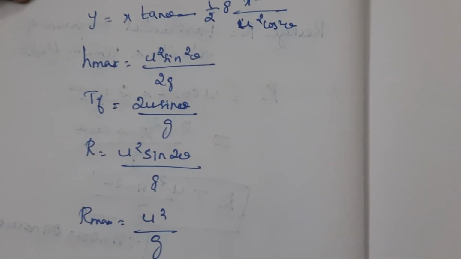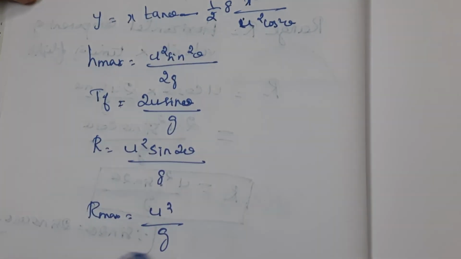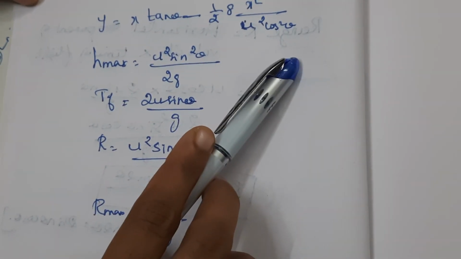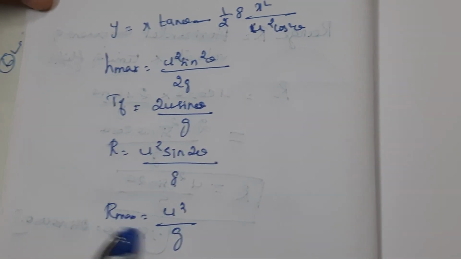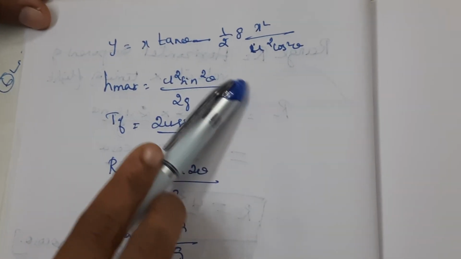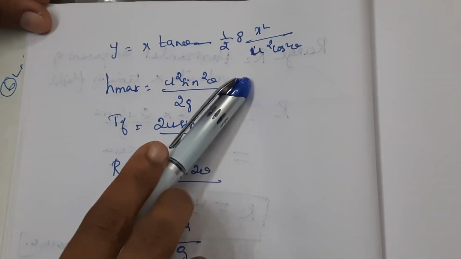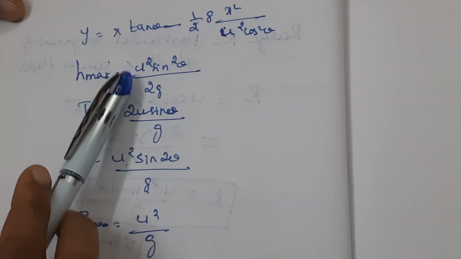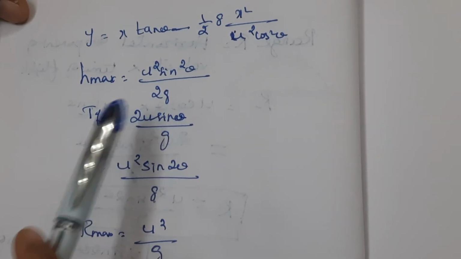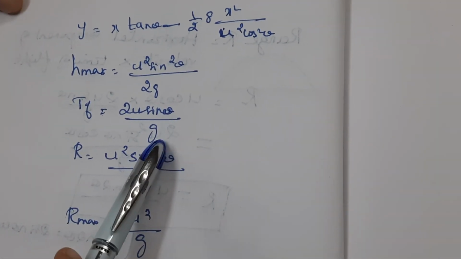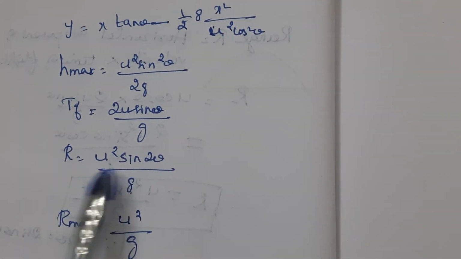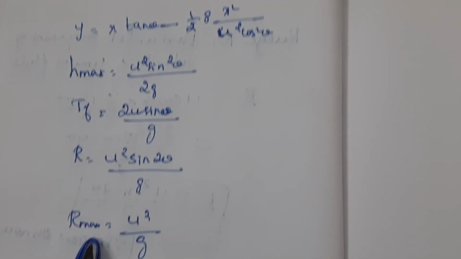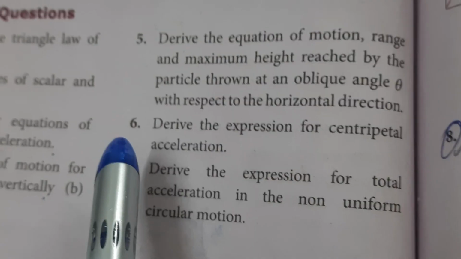So in this oblique projection we got these formulas: y equal to x tan theta minus half g x square by u square cos square theta, and h max, tf, R max. Try to memorize these formulas. This will be useful for solving problems. h max is equal to u square sin square theta by 2g, tf is equal to 2u sin theta by g, R equal to u square sin 2 theta by g and R maximum is equal to u square by g.